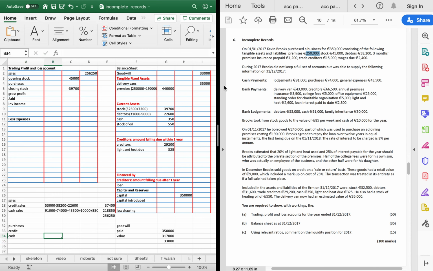So credit purchases looks at creditors in the same process that we did with sales, right? So go find your payments to creditors to start off with, 66.5. Take away from that your creditors from the start of the year, which is 15,000, and add on your creditors at the end of the year, which is 29.2.